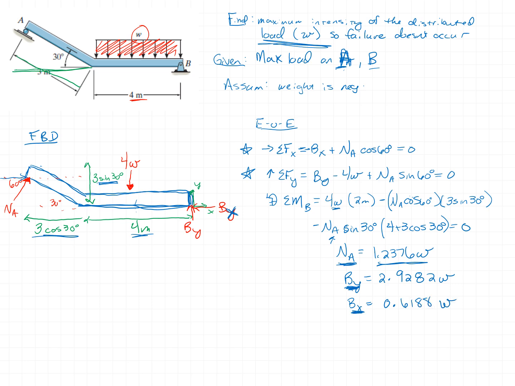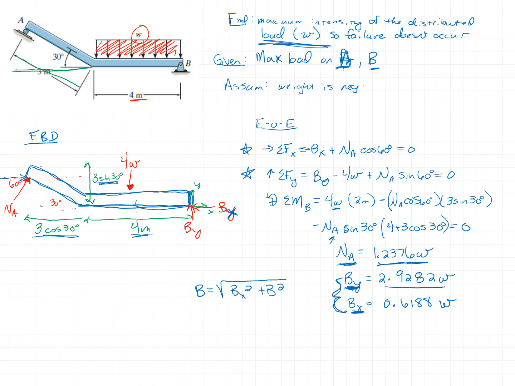So I have these three, and I'm given a max load on A and a max load on B. So in order to actually get this in relation to the max load on B, these are just the x and y components of B, so I need to find the magnitude. So the magnitude at B is going to be the square root of Bx squared plus By squared.